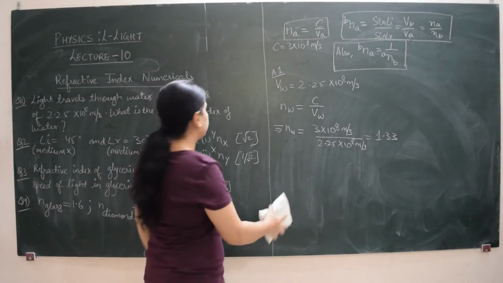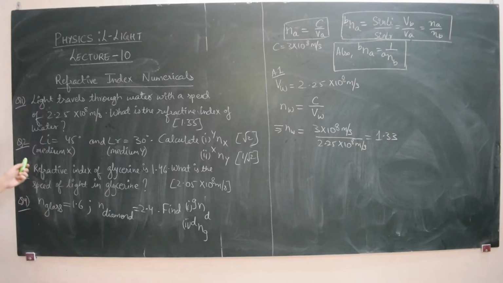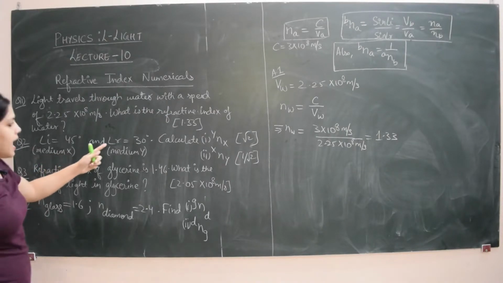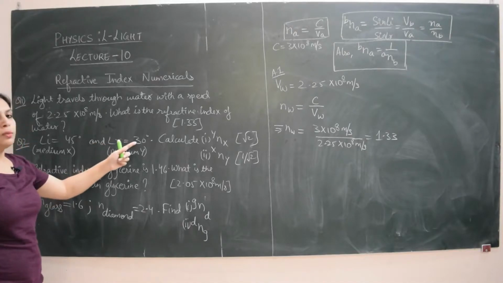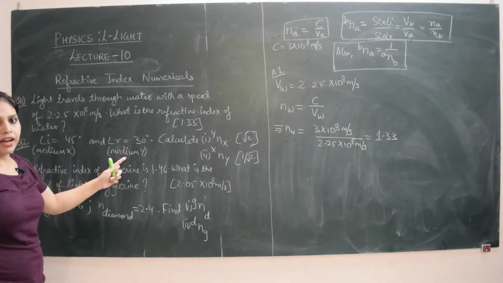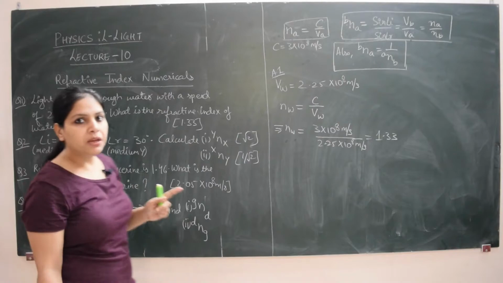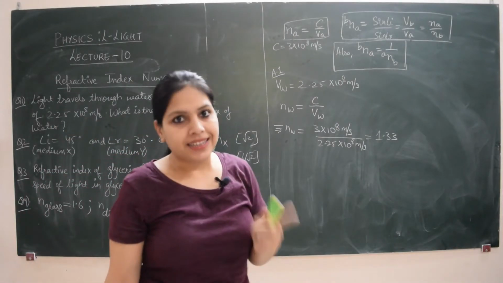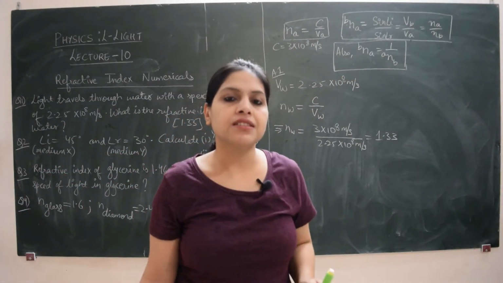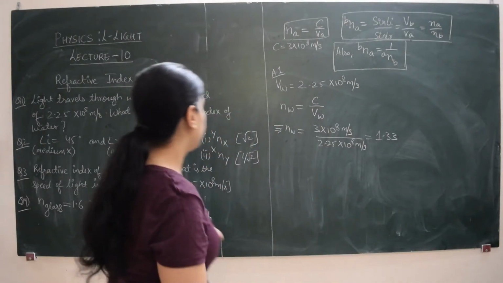Next question. I have written the question in a very brief manner, so I will just explain it to you. It is given in the question that the angle of incidence is 45 degrees in medium X. So X is the first medium here. And the angle of refraction is given to be 30 degrees in medium Y. I told you the medium in which refraction takes place is the one of which refractive index is to be determined.